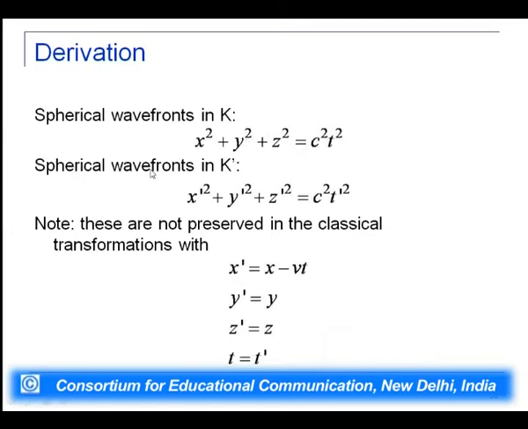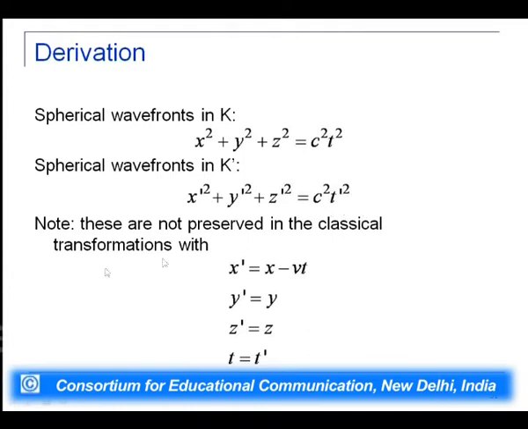For the frame which is moving, the spherical wavefront will be defined as x dash square plus y dash square plus z dash square is equal to c square t dash square. The value of c is the same in the static frame and in the moving frame, but the time will change, it will be t dash.